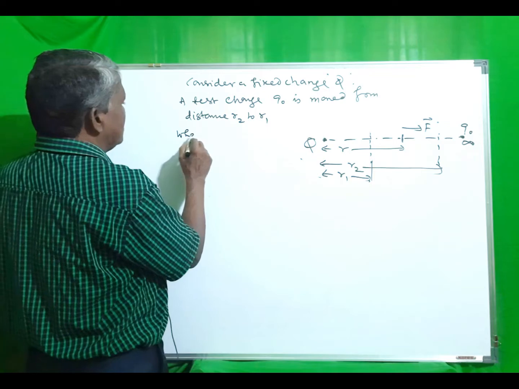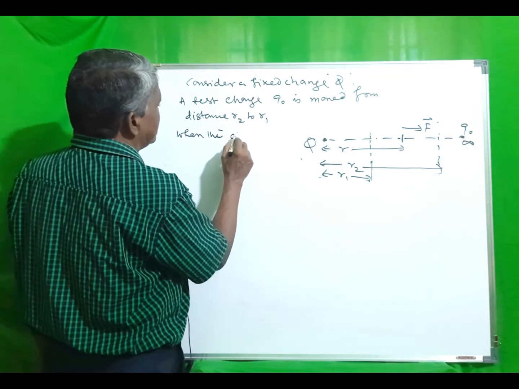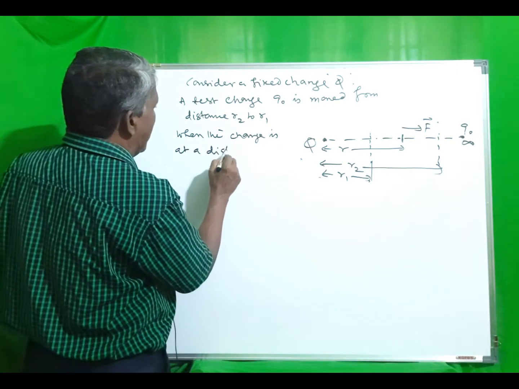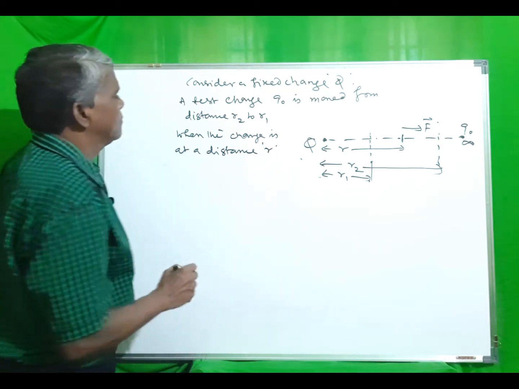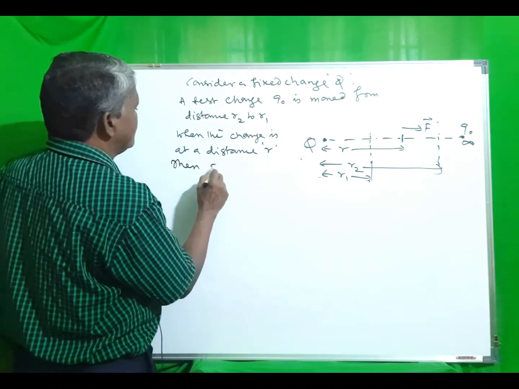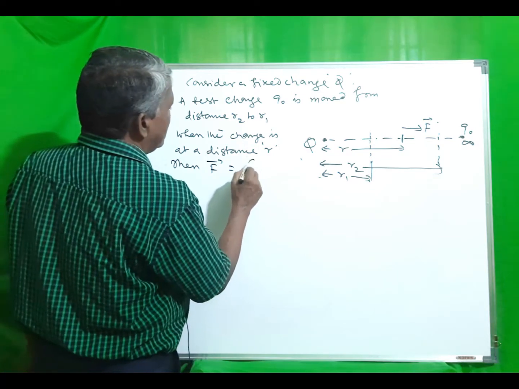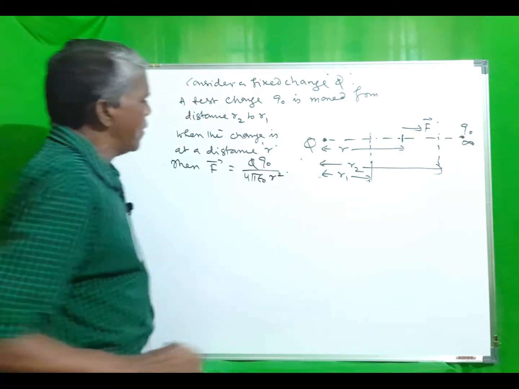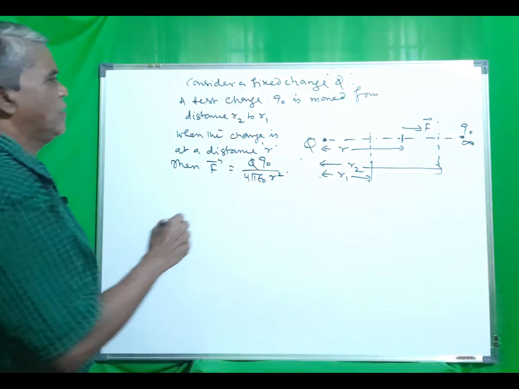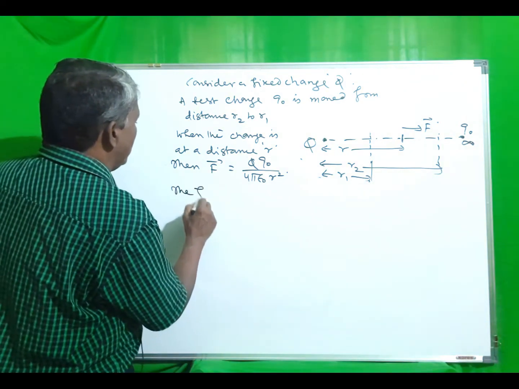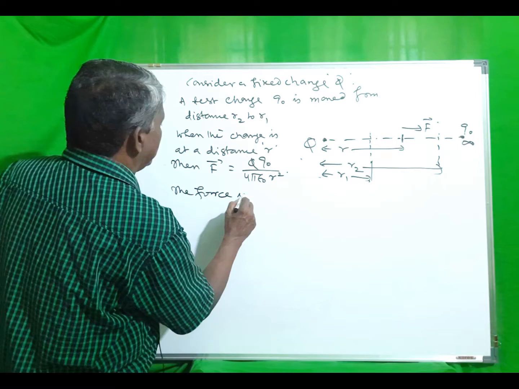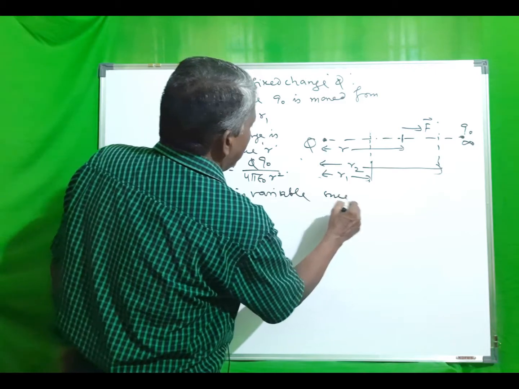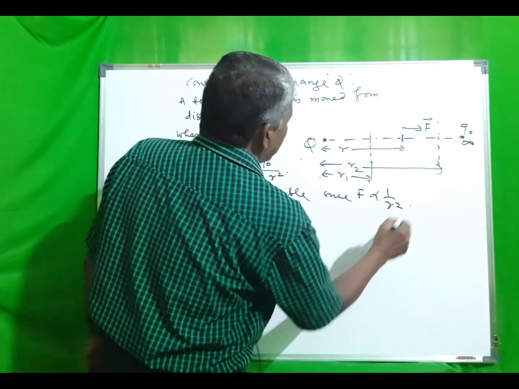When the charge is at a distance r, then force F is equal to Q q naught by 4 pi epsilon 0 r square. The force is variable, since F is inversely proportional to the square of the distance.